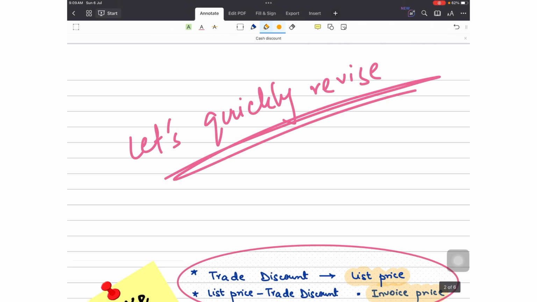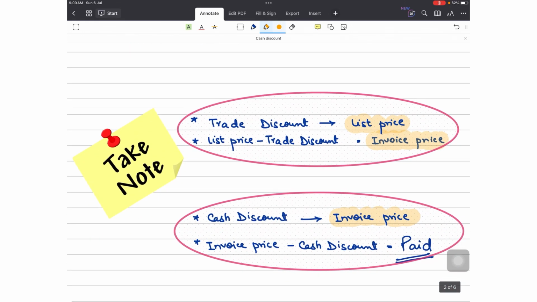But first, recall what we have studied so far. We know that trade discount is offered on the list price, which is the basic price, and we subtract trade discount from the list price to arrive at the invoice price, which is recorded in the purchases daybook, in the sales daybook. And when we come to cash discount, that is offered on this price, the invoice price.